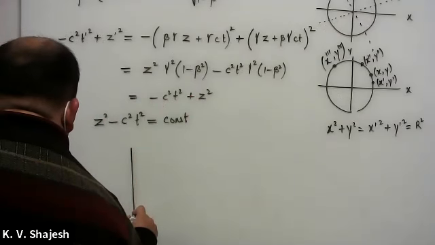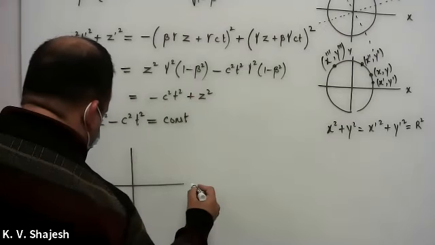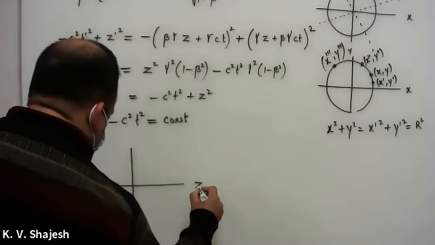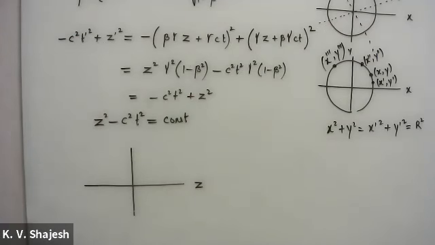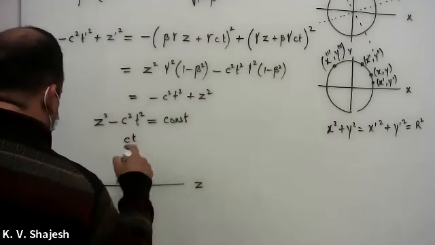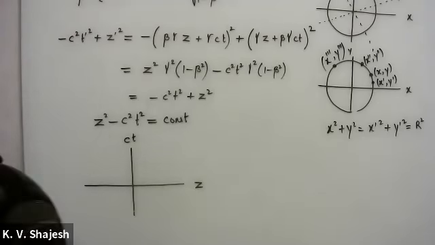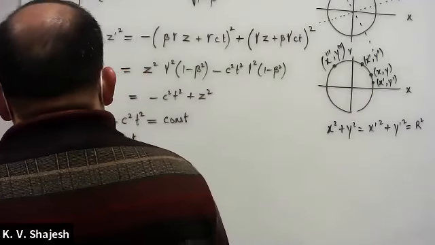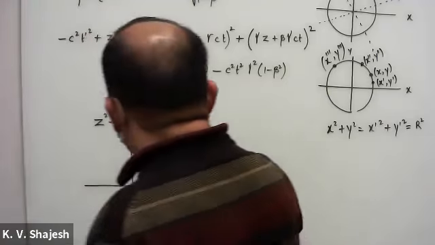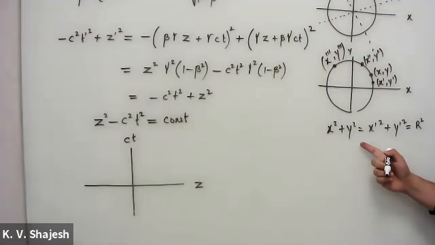So what does that mean? Let's draw z and t this time, and it is just conventional practice that you write z on the x-axis. The position is plotted on the x-axis, and our time is plotted on the y-axis, and this time we have c times t there. Clearly, if this is a constant and because there is a negative sign, notice again, go back to your circle equation.